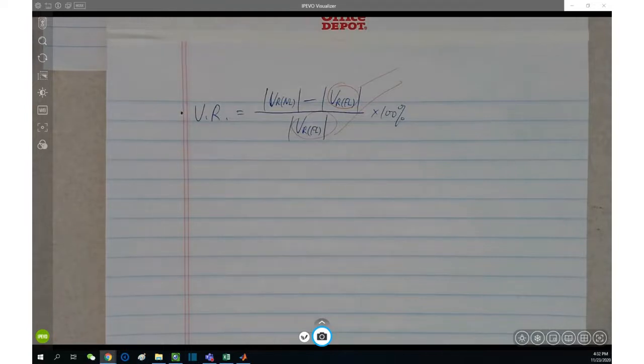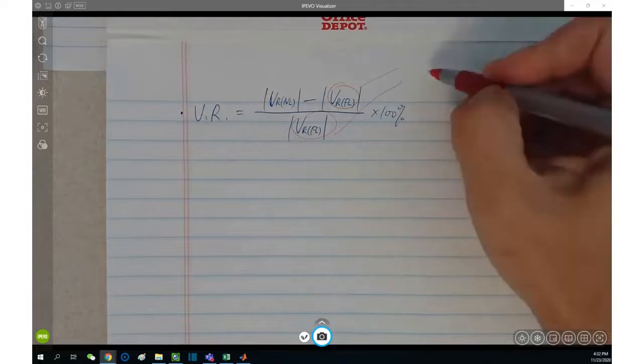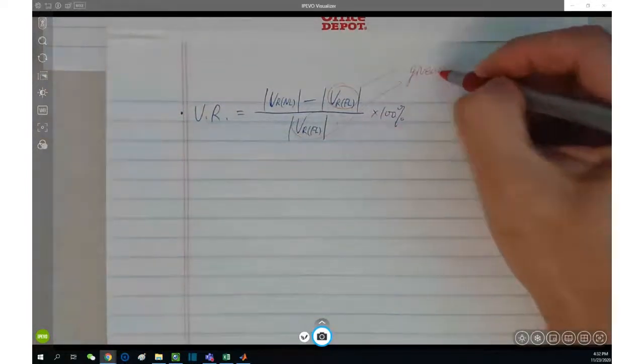You should be flipping your notebook. You find the full load receiving end voltage equals what? Given. Good. This is given. This is the easiest one.